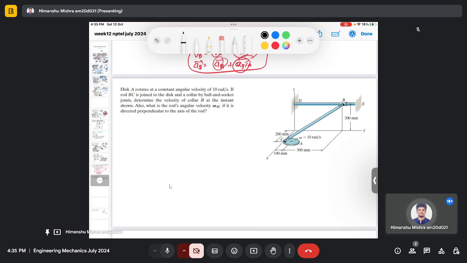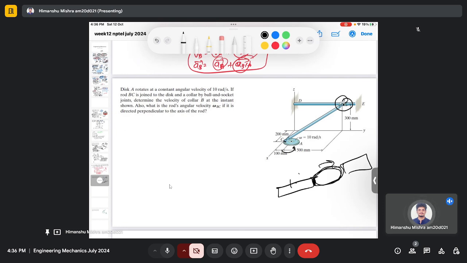So you can see this disk is rotating with some angular velocity 10, and it is creating the motion at point B. Just recall that we have solved plenty of this kind of problem in the previous classes, where we are given a system with different types of connecting members, and if there is a motion at one member, it leads to a motion of another member.